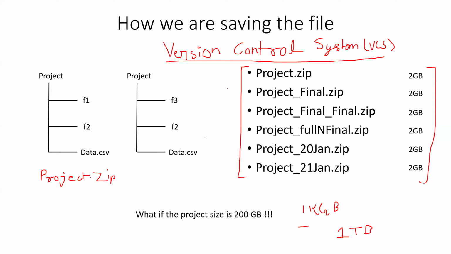So how does this version control system work? That is the solution, but how does it work and how did it evolve? Now we are going to learn about it.